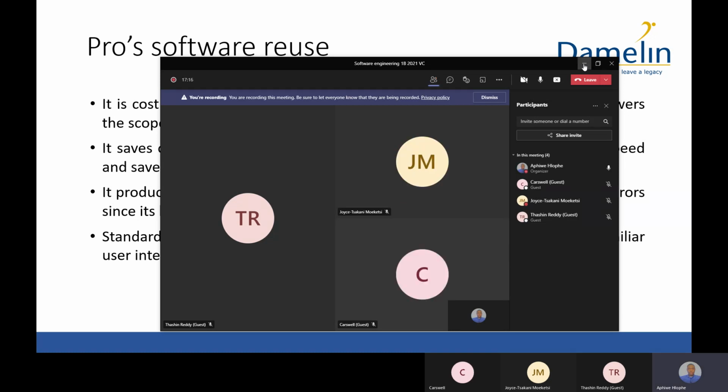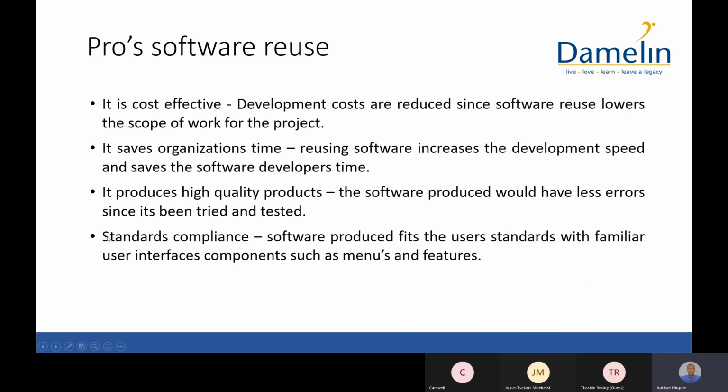You become compliant automatically in terms of standards, because it takes away that responsibility from you as a development team, because somebody has already done that for you. Okay, when a component is released to the market, it's already been tried and tested, it's already gone through all of the standards, organization checks, and so forth. So these are the benefits of doing software reuse.